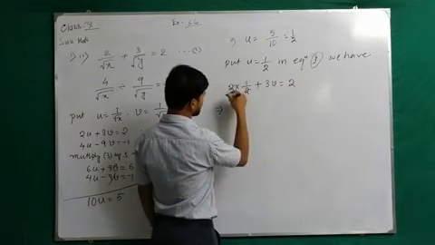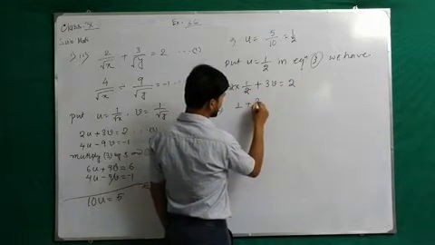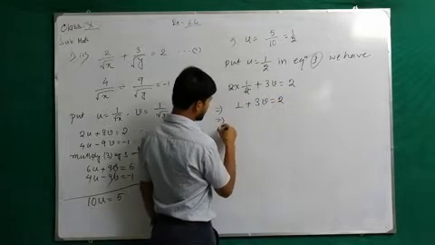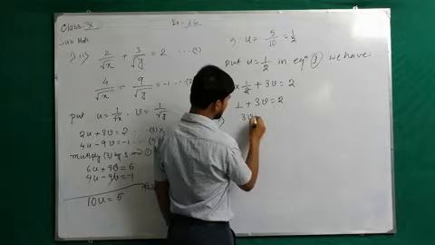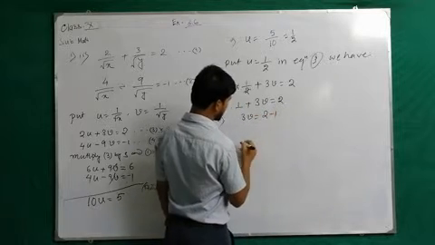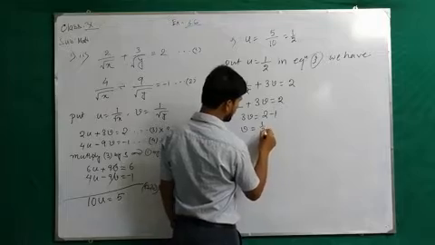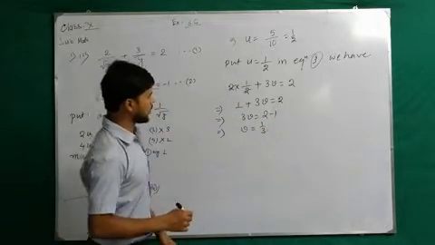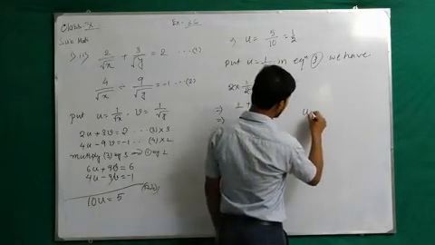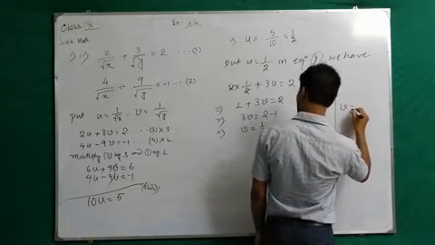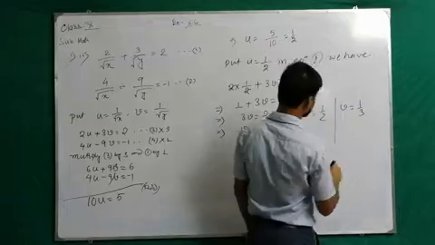That means 1 plus 3v is equal to 2. That means 3v is equal to 2 minus 1. That means v equal to 1 by 3. So finally we have value of u as half and value of v as 1 by 3.